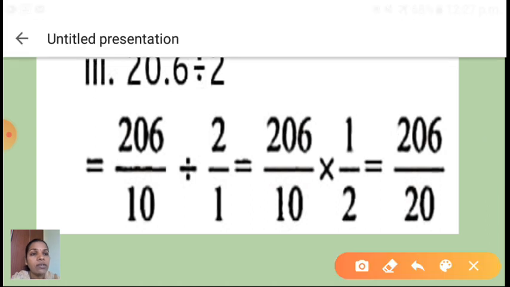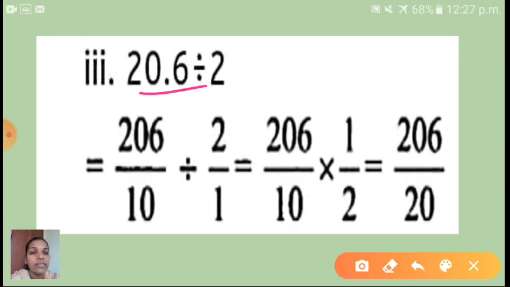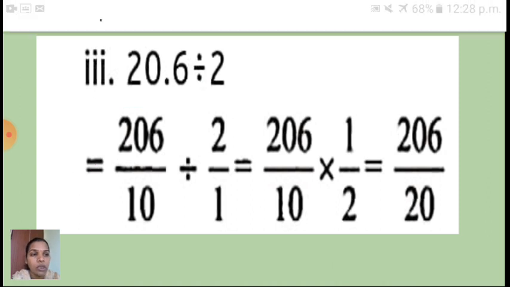See here children, first step what I told, this decimal fraction you have to convert into a common fraction, isn't it? So 206 upon 10 is divided by this 2. You can write in the fractional form, that is 2 upon 1. Next step is what, children?